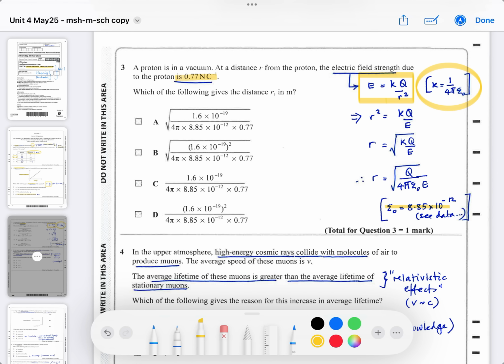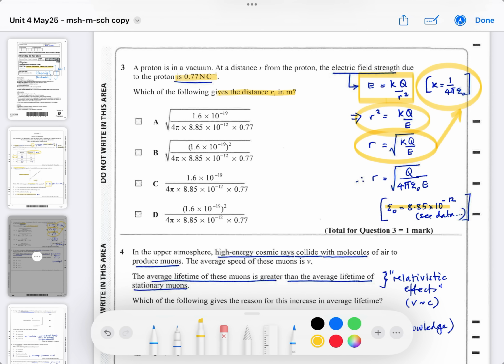Which of the following gives the distance? So you've got to change the subject to make r the subject of the equation, so obviously you can just go to r squared first of all, and then square root whatever is on the other side. I always use k, but in the answer they've substituted k for 1 over 4 pi epsilon naught.